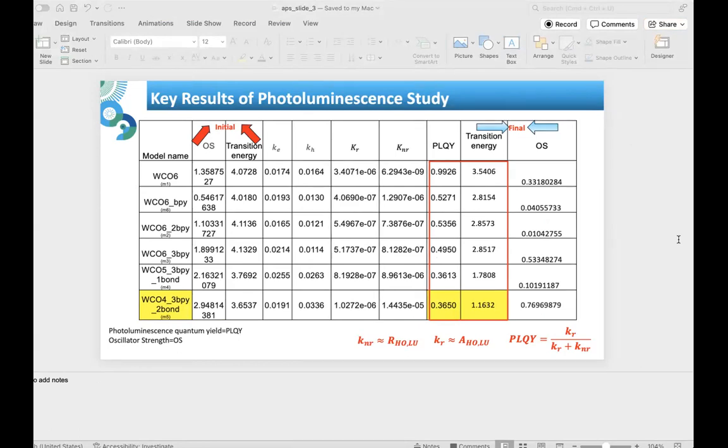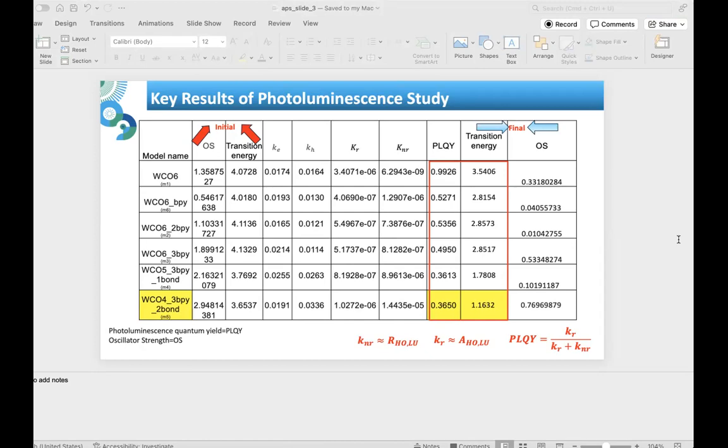Here we are trying to show the photoluminescence efficiency of different tungsten models with varying bipyridine. The key indicator we are trying to focus on is the photoluminescence quantum yield, which serves as a benchmark for the material's potential in light emitting applications.